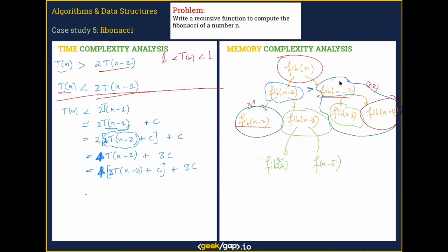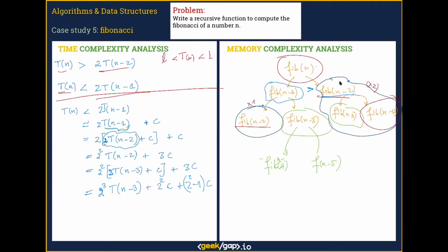Now, what I have here is 8, or I can even have 2 to the power of 2, which is even better. I can say 2 to the power of 2, 2 to the power of 2. And when I multiply, it's going to be 2 to the power of 3 times T of n minus 3 plus 2 to the power of 2 c plus 2 to the power of 1 c.